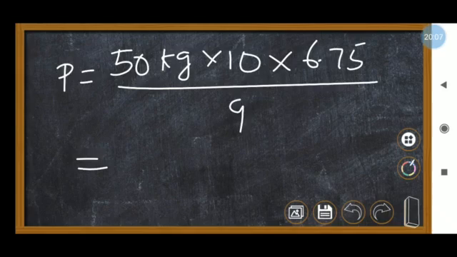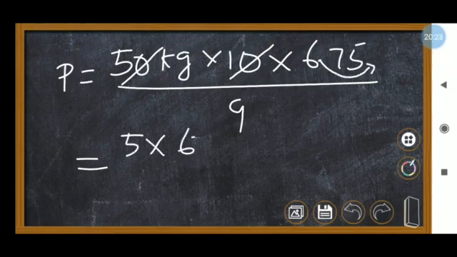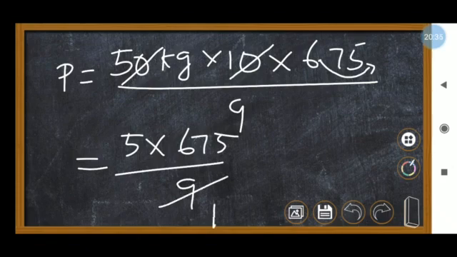Okay, so just we have to simplify it. For this 10 and this 20, the decimal point will move here. So that means 5 into 675 divided by 9. Okay students, 1 nine is 9, 7 nines are 63, and remaining 4, so 5 nines are 45.